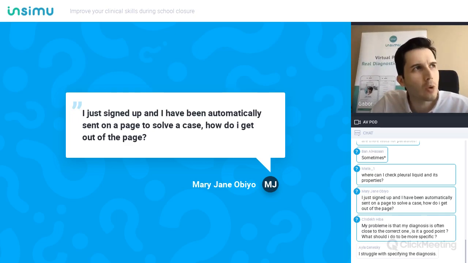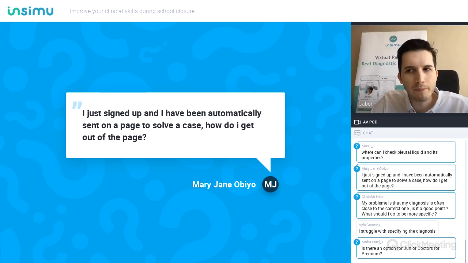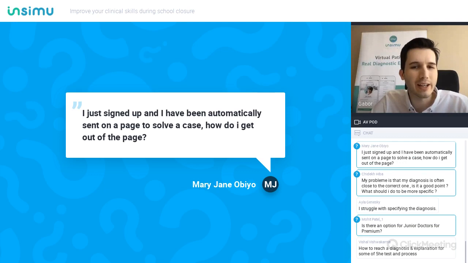So when you log in to the app, the first patient will appear automatically, and you have to go through that case. You can try to solve it perfectly, or if you just want to skip it, you should go to diagnose that case, or there is also a possibility to give up.